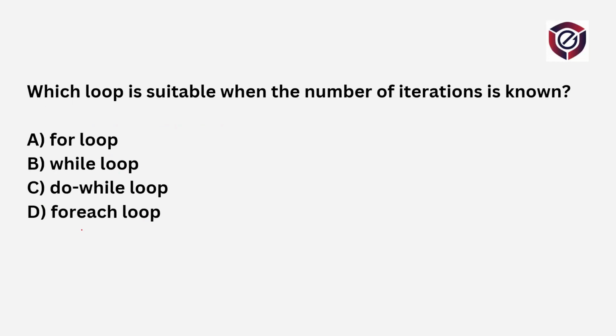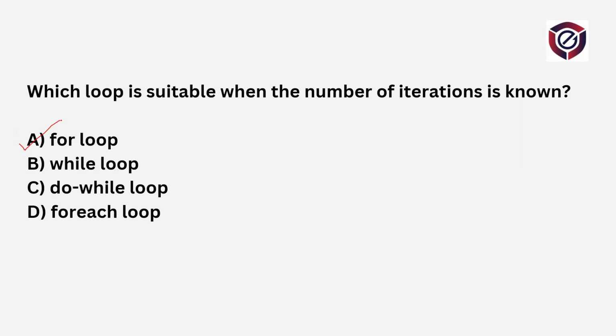Next question. Which loop is suitable when the number of iterations is known? Whenever we know the number of iterations, that is, it is going to execute for 10 times, we can set up a for loop. The for loop is always better whenever we want a known number of iterations.